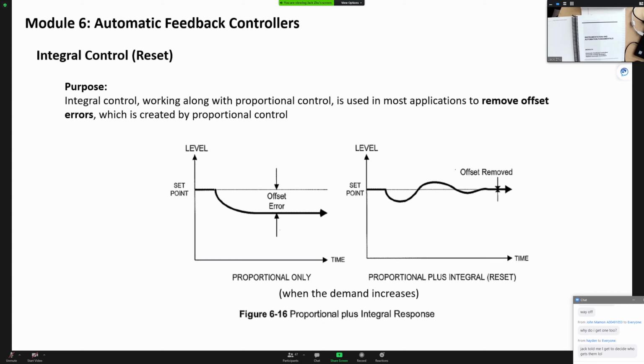Based on that error, the integral will say, even though my input is matching the output, I want to bring the error back. So it will increase the opening of the valve and try to increase the incoming flow. It will take a little bit of time. When you're proportional, you will drop the water level to meet the demand, but the integral will try to bring the water level up.